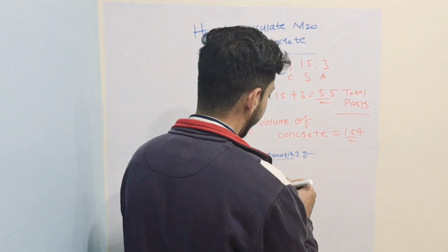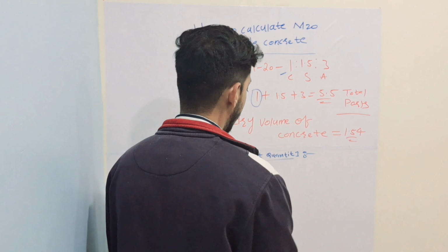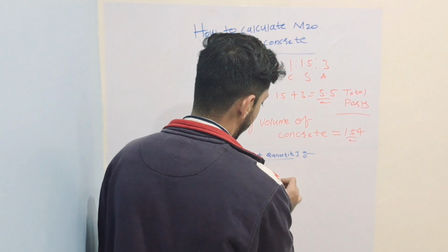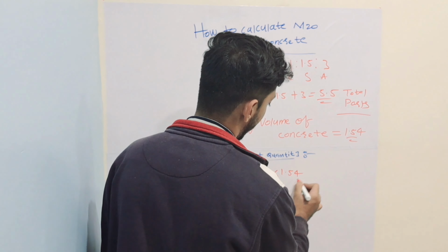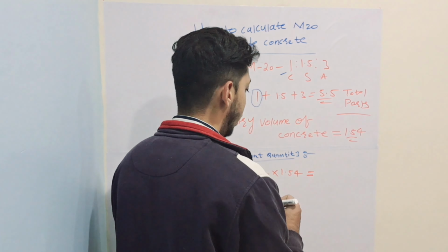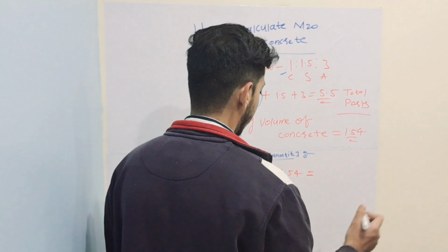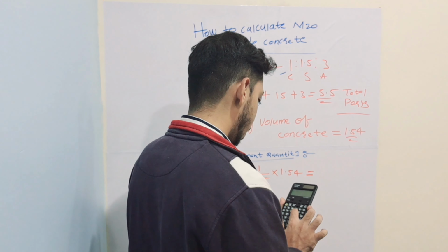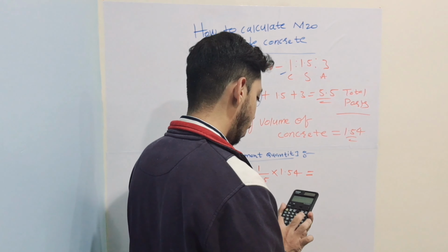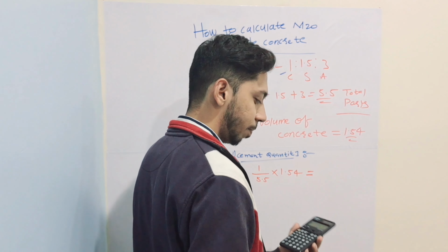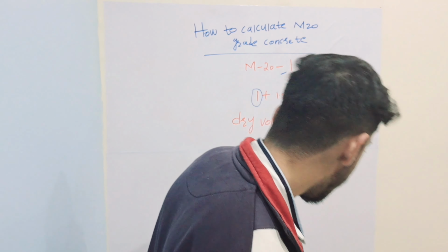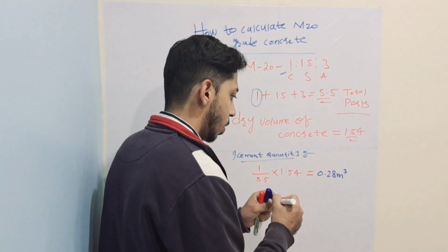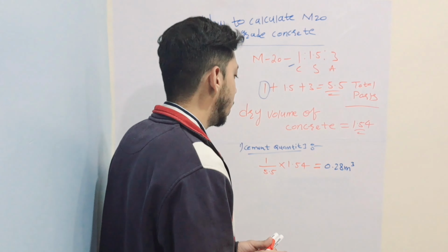For cement quantity, we take 1 part of cement divided by the total 5.5, multiplied by 1.54. This will give me 0.28 meter cube.